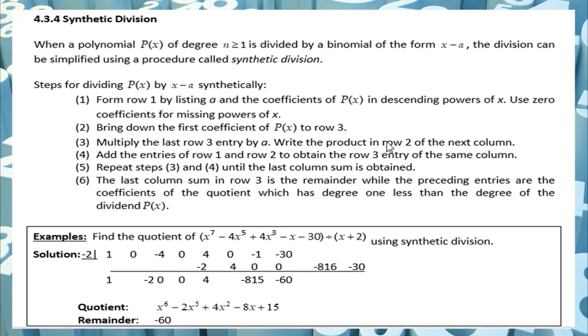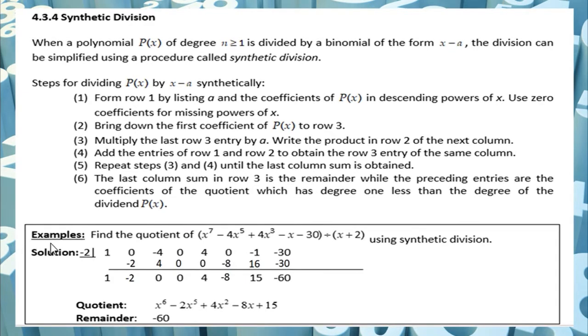Write the product in row 2 of the next column. Fourth, add the entries of row 1 and row 2 to obtain the row 3 entry of the same column. Fifth, repeat steps 3 and 4 until the last column sum is obtained. Sixth, the last column sum in row 3 is the remainder, while the preceding entries are the coefficients of the quotient, which has degree 1 less than the degree of the dividend p of x.